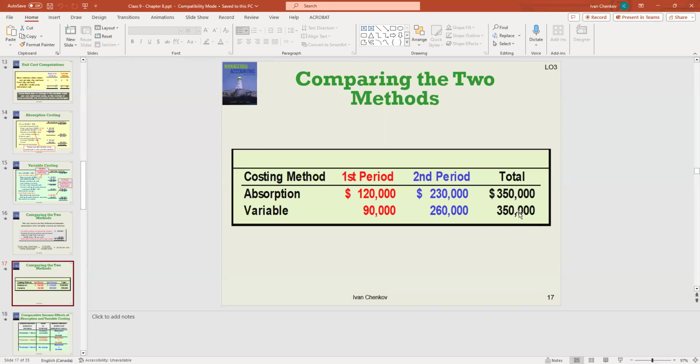But in total, they're both the same. We cannot change the numbers. How we treat the cost and how we allocate the cost, it doesn't matter. We're always going to have the same result as long as we start with a 0 balance and end up with a 0 balance. Make sense? Remember this.